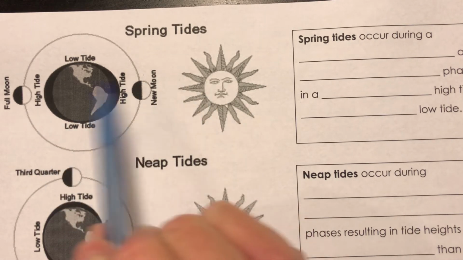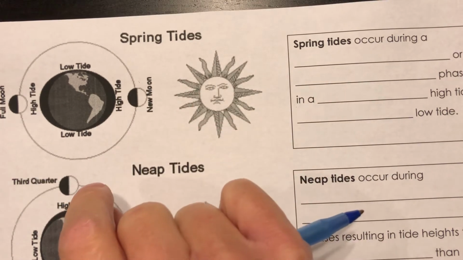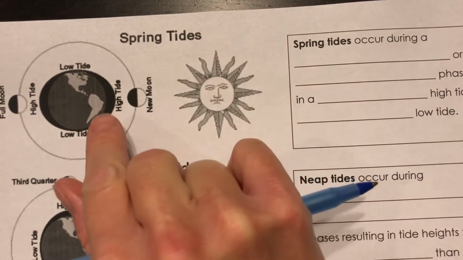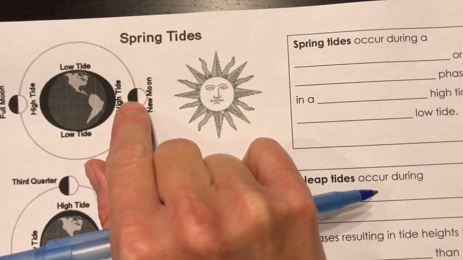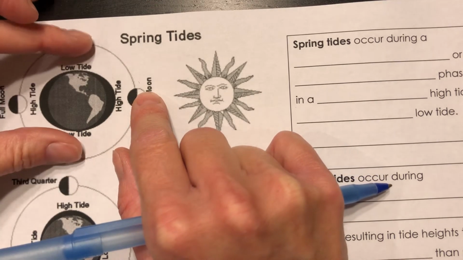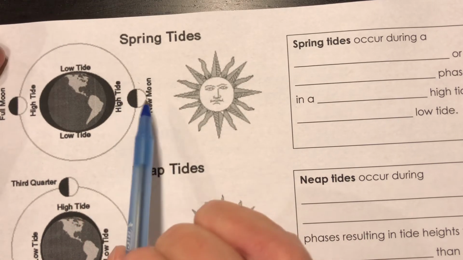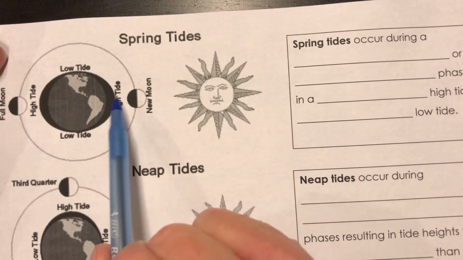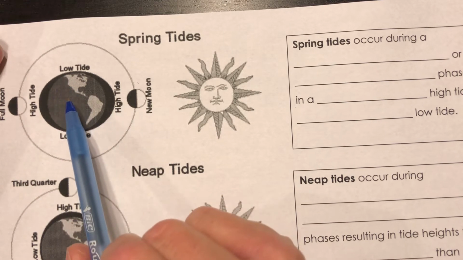So when things are set up like this, we've got all kinds of gravitational pulls going on. What happens is we add the sun's pull, and the high tides end up higher than normal. And then if the high tides are higher than normal, then that means that the low tides are lower than normal. So when you are in the new moon phase or in the full moon phase, you end up having higher tides than normal and lower tides than normal.